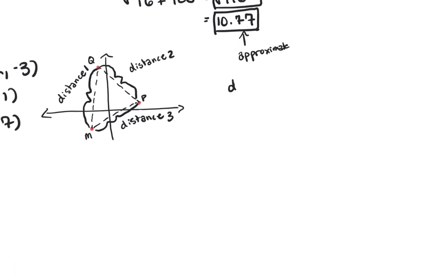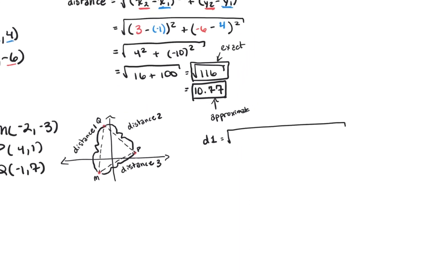So distance 1 is a square root, and I'm using this exact definition up here, of our points M to Q. So our differences in x's will be -1 minus a -2.